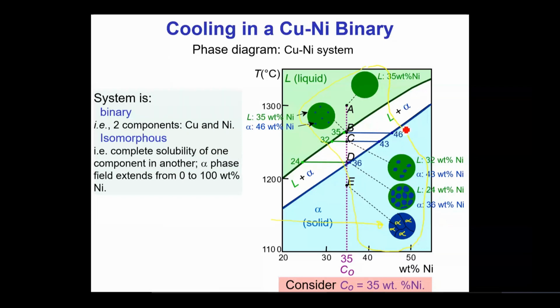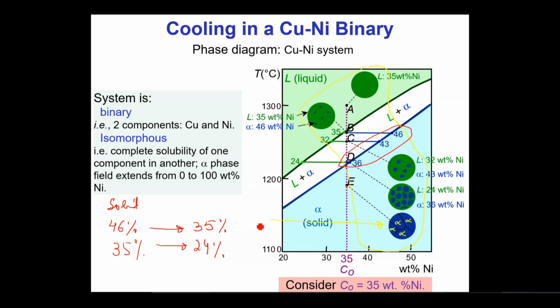Now the important thing is, if I look at the composition of solid, it is varying from 46% to roughly 36, or ultimately at this point E, the composition would be 35%. Similarly, liquid composition is changing from 35% to roughly 24%.